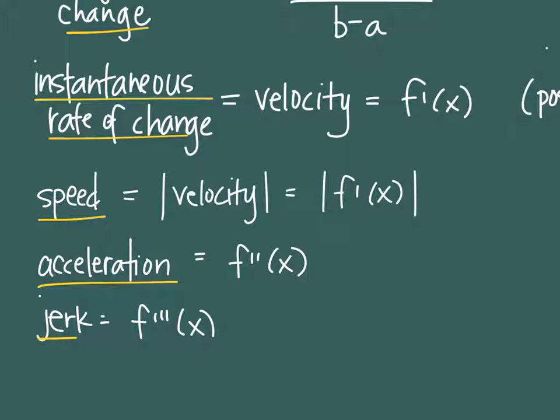If you've ever ridden a roller coaster that takes off really quickly and you're pressed back into your seat, that's jerk. You feel jerk because the acceleration is accelerating. So that's just vocab that you need to understand.